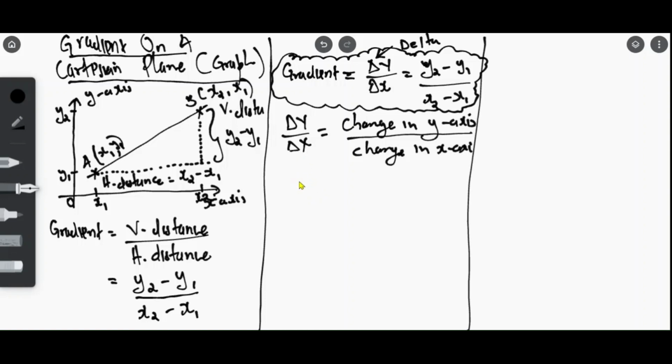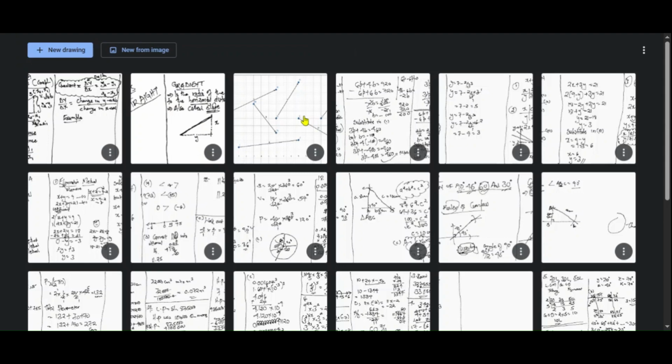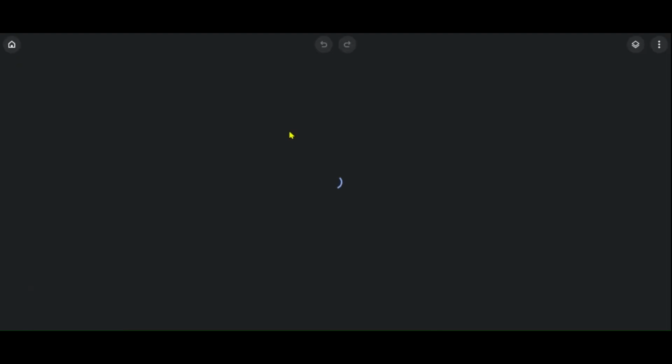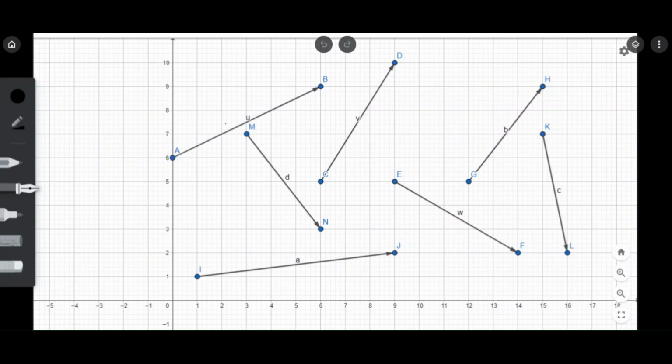I'll pick some of the lines on a graph. So look at my graph here. I want us to study these graphs together. We have this line, with A and B. I want to get the gradient of this one.